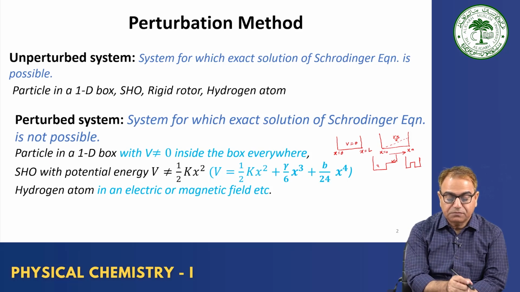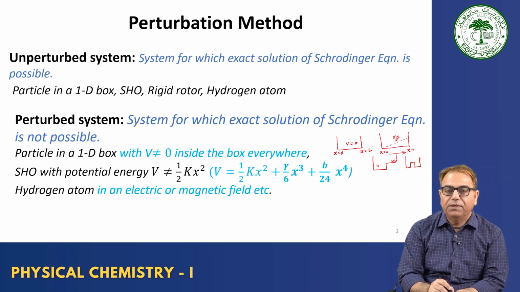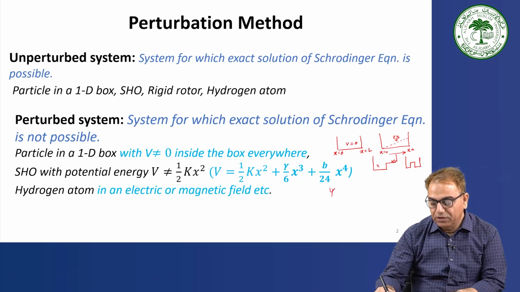Now you see, simple harmonic oscillator with potential energy V equal to 1 by 2 kx square. Now this is known to you that in simple harmonic oscillator the potential energy is 1 by 2 kx square, and if you remember, the psi naught for this is (beta divided by pi) raised to the power 1 by 4 exponential minus beta x square divided by 2.